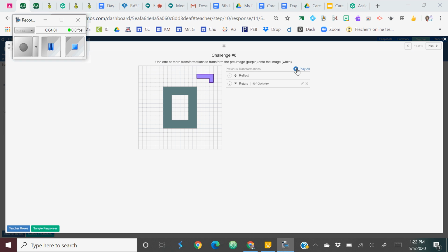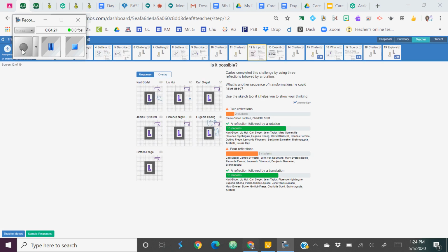One of the common solutions was reflect out of the box and then rotate. And then I really like this one. Some people are starting to use reflections over oblique lines, so not horizontal and vertical, and they're finding some really nice solutions. So that was a good one, reflect, translate.